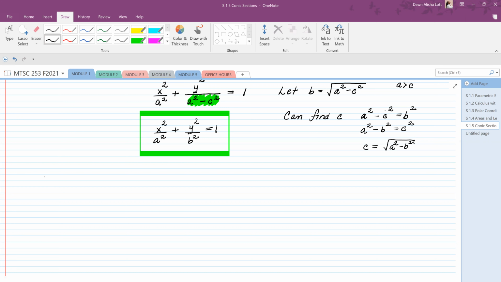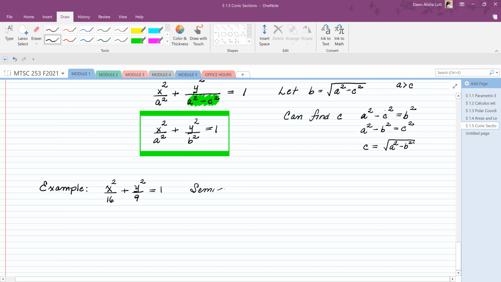So here's an example. So I have x squared over 16 plus y squared over 9 is equal to 1. So now let's find all the important things. All right. So the semi-major axis, well, we can clearly see that A squared has to be 16.